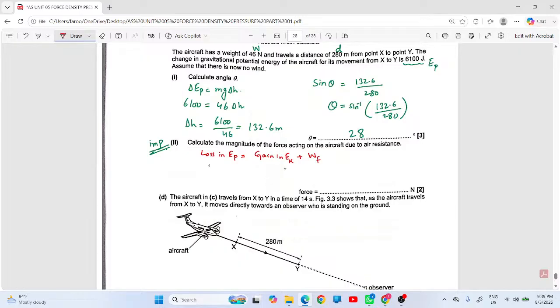So the loss in potential energy is 6100, which is already given. So how much energy is gained when the aircraft is moving downward?